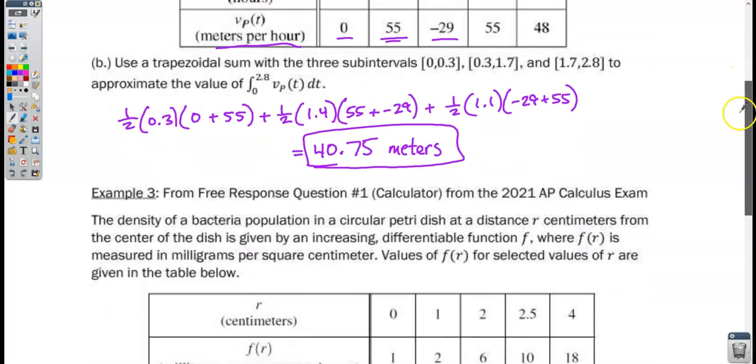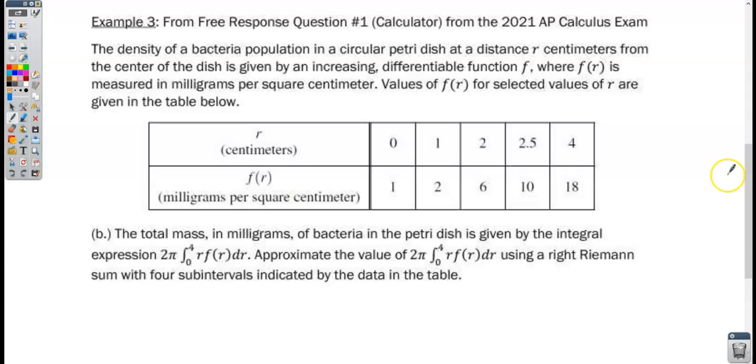All right, example 3 from free response question number 1, which was a calculator question from the 2021 AP Calculus exam. The density of a bacteria population in a circular petri dish at a distance r centimeters from the center of the dish is given by an increasing differentiable function f, where f of r is measured in milligrams per square centimeter.